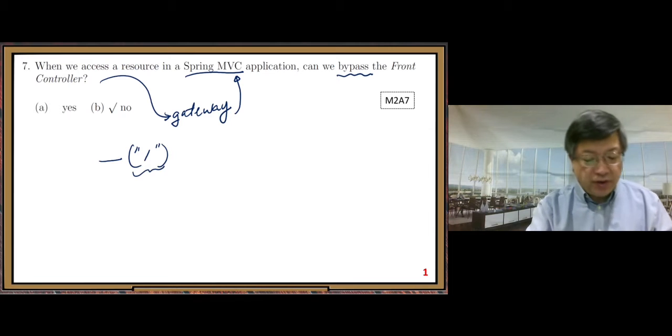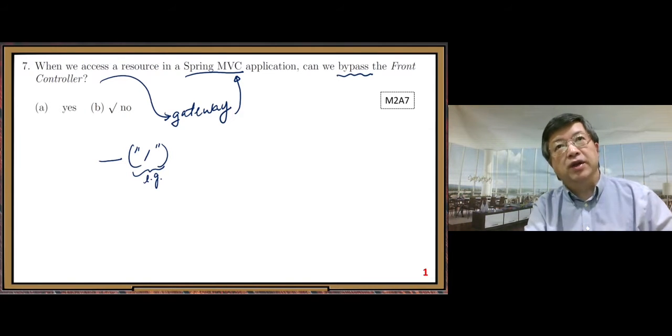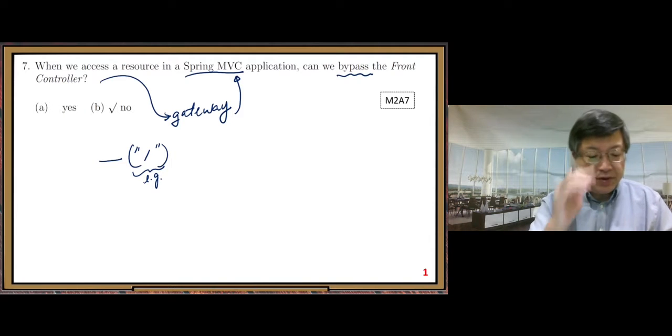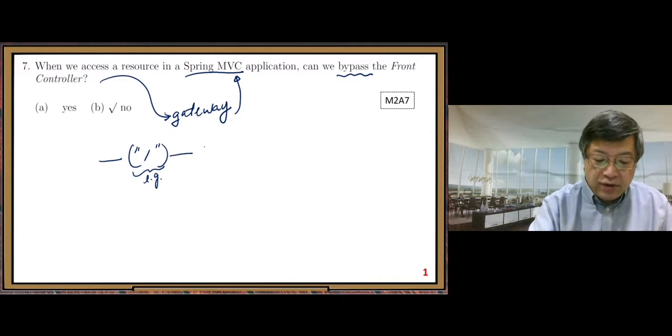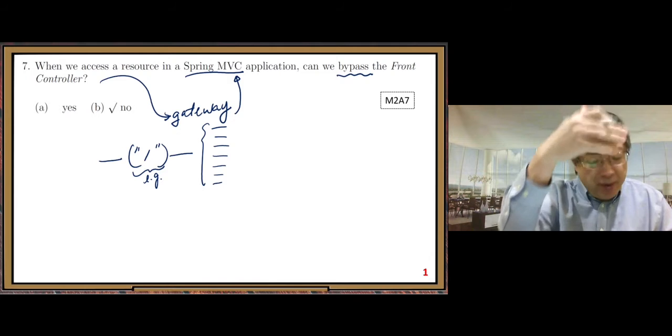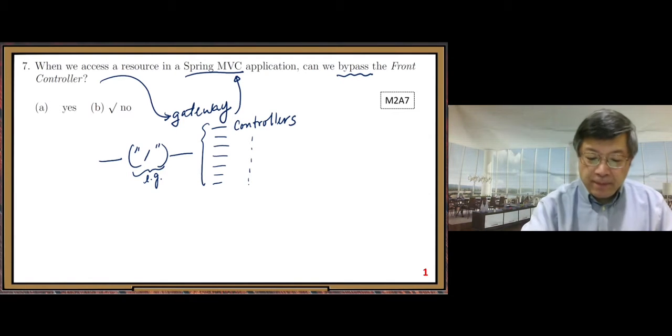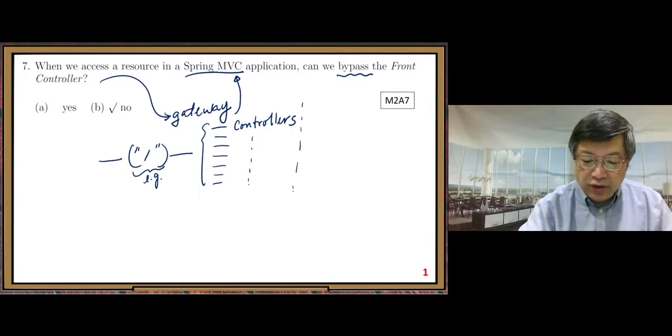For example, this is one, but you may have different URLs. After that, then next level mapping controllers. Then after the controller, the next level mapping methods.